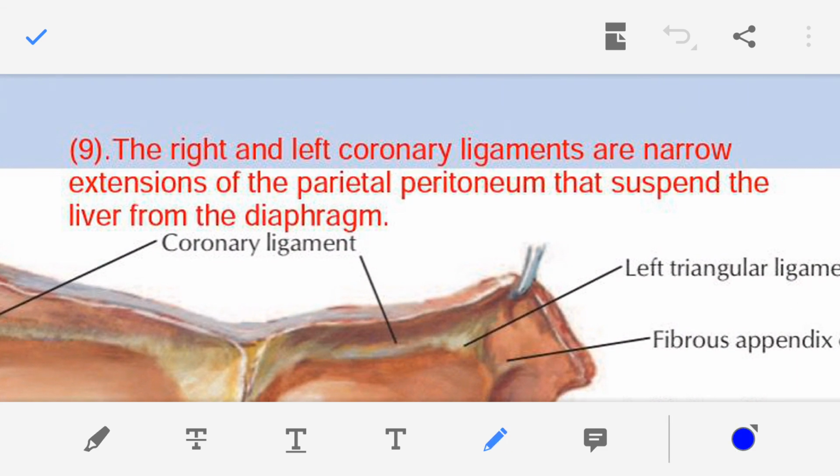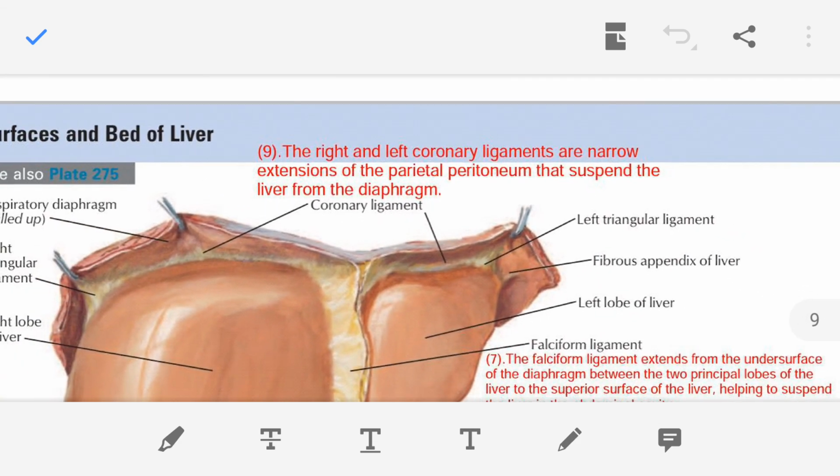Now what are these coronary ligaments? First of all, there are right and left coronary ligaments. One is on the left side, the second on the right side, as you can see in the figure.